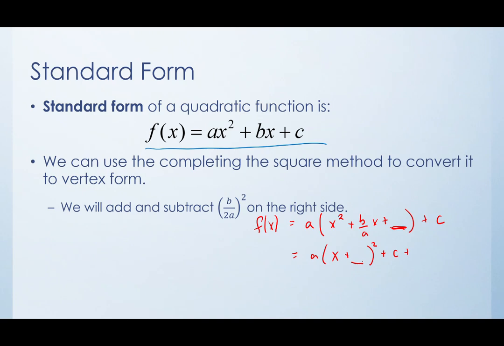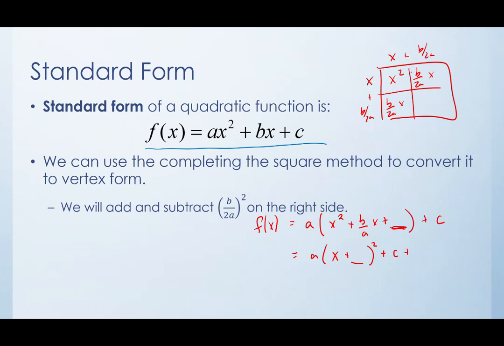So what we're going to do is go back to our box and say, okay, I got x squared here, and I have b over a x. So I really have to split that into two parts. So I got b over 2a, and I split it in half, and b over 2a x. So I've got x plus b over 2a, b over 2a, right?